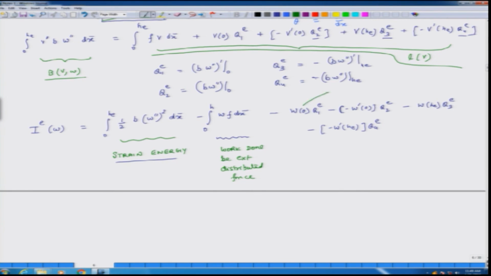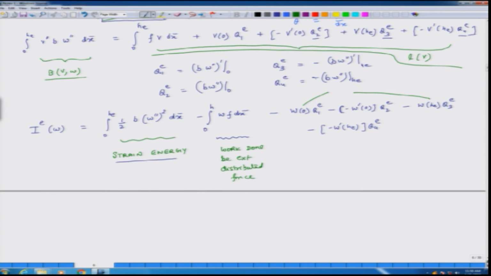These terms which relate to W at 0 and W at HE. What are these? Q1 is the shear force, right. Q1 we had explained earlier.